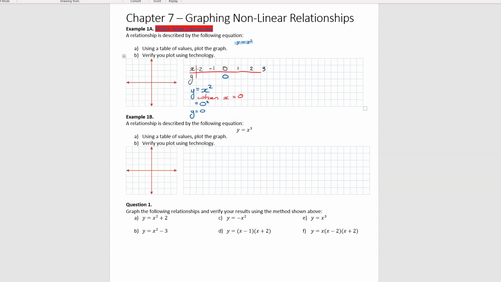So I can throw a 0 in there. Now when x is equal to 1, the value is going to come out as y is equal to 1, and this will continue on.